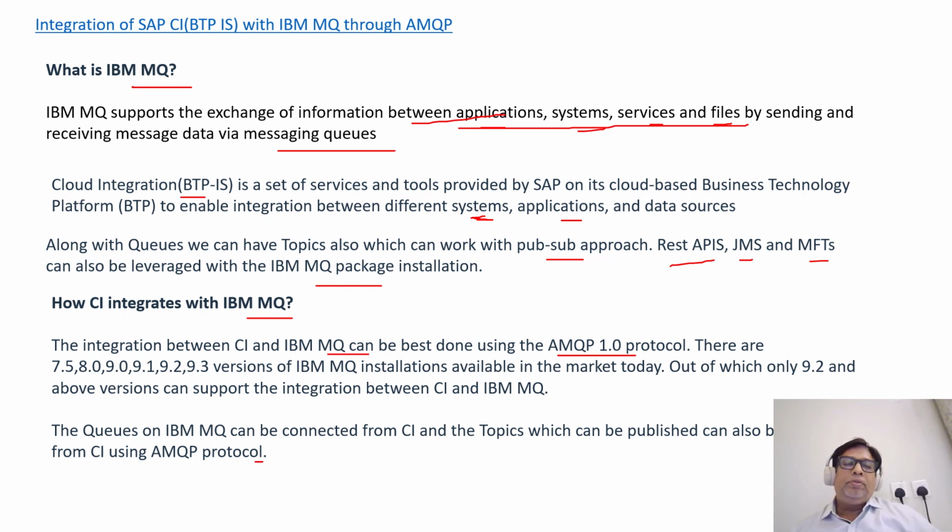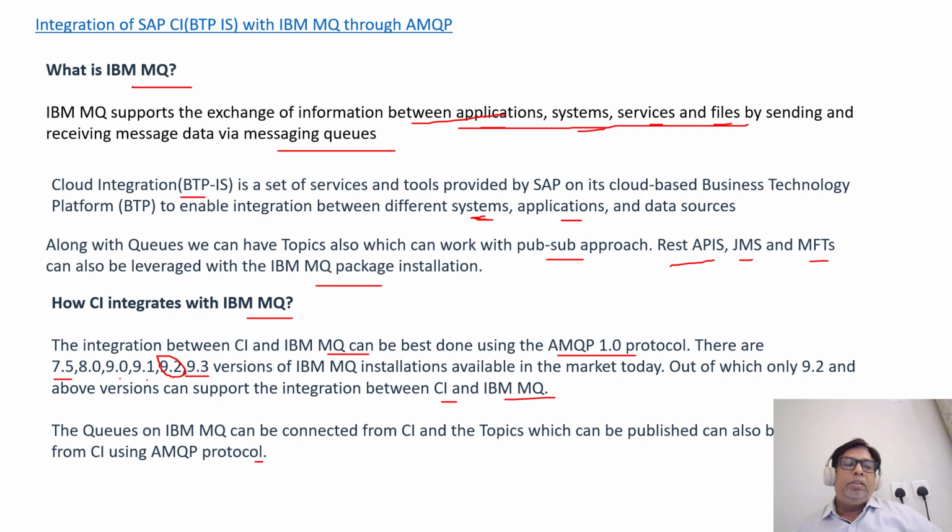These versions are available starting with 7.5 and ending with 9.3: 8.0, 8.9.0, 9.1, 9.2. Mostly we are using versions above 9.2, and those are supported by the Integration Suite connectivity with IBM MQ.